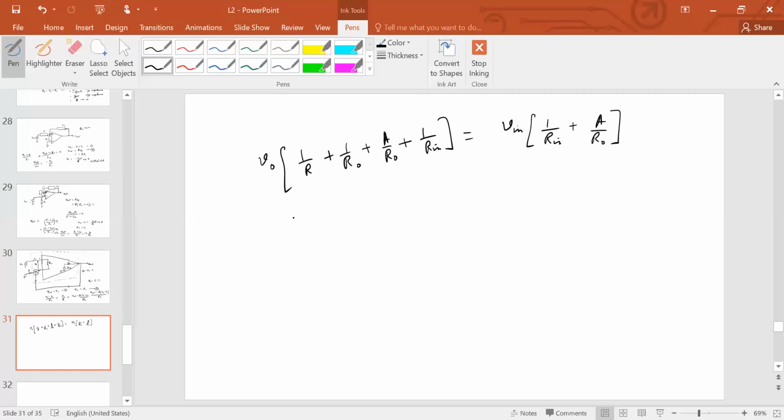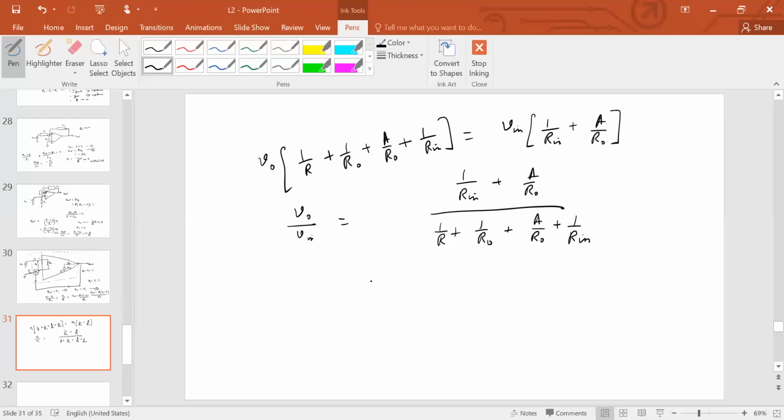So therefore, if you want to find V out by V in, this is going to be the ratio (1 by R in plus A by R naught) upon (1 by R plus 1 by R naught plus A by R naught plus 1 by R in).